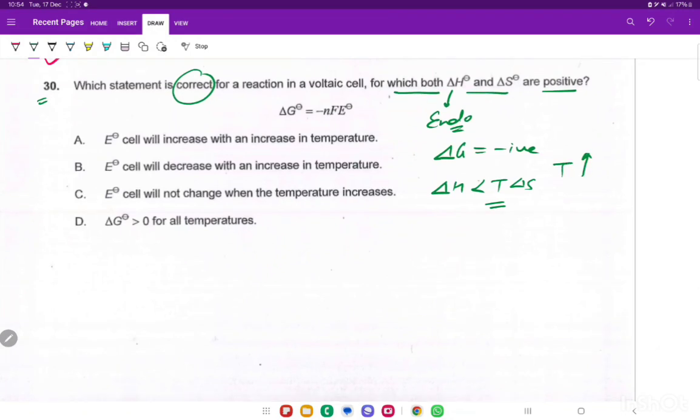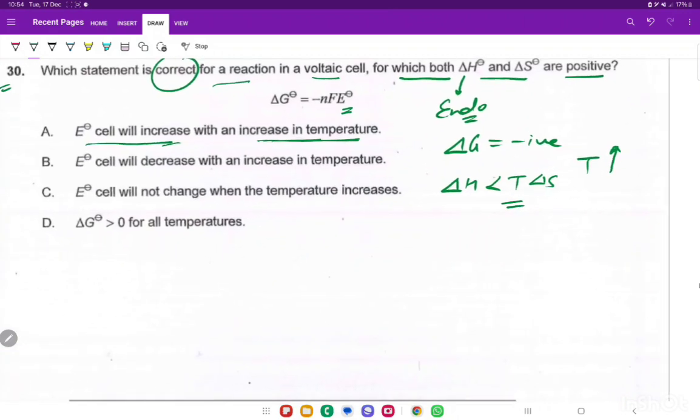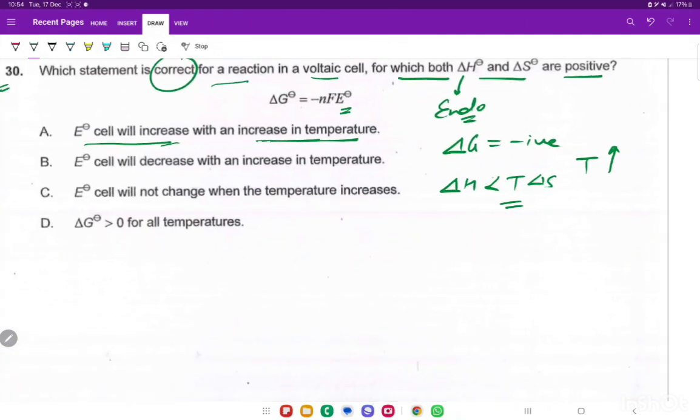And for a spontaneous reaction, the value of E cell is positive. If I increase the temperature, what will happen? Delta G will become more negative, which means the value of E degree cell should increase.